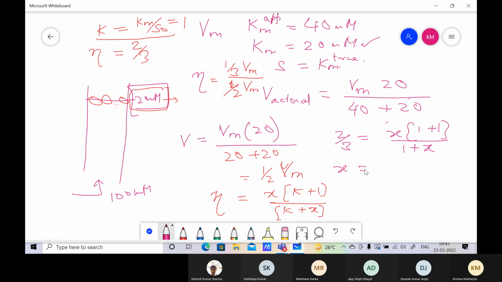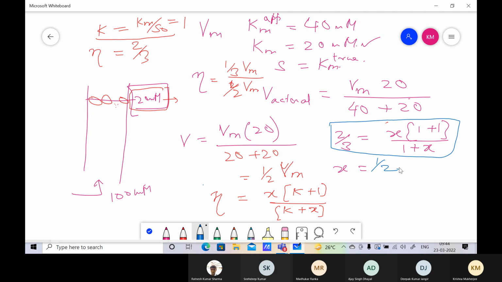Solve this, please. This is a rather simple equation. Sir, 1 by 2. X is equal to half, right? Yes, sir. X is equal to half.